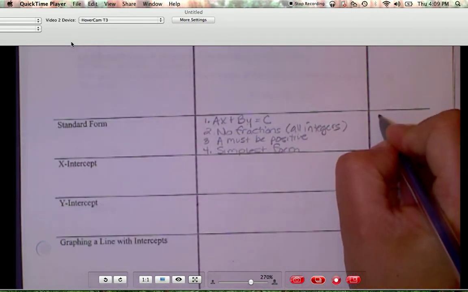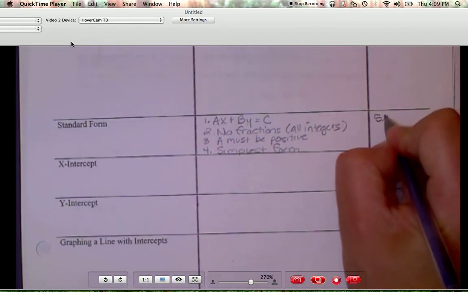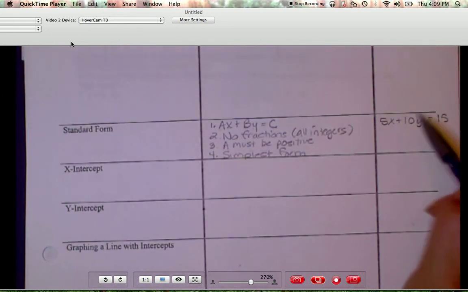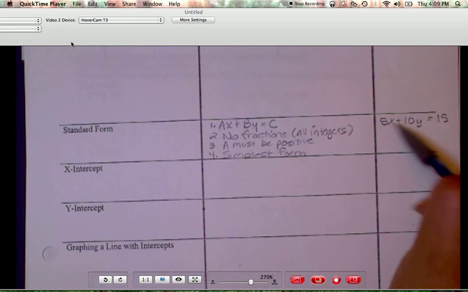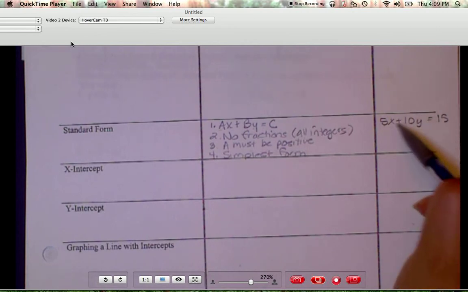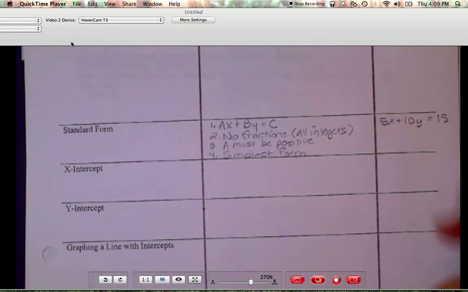If we had done all of this work and we had 5x plus 10y equals 15, and you look at that and you can see that all of these coefficients can be divided equally by 5, then you can't leave it like this. This is not considered simplest form.